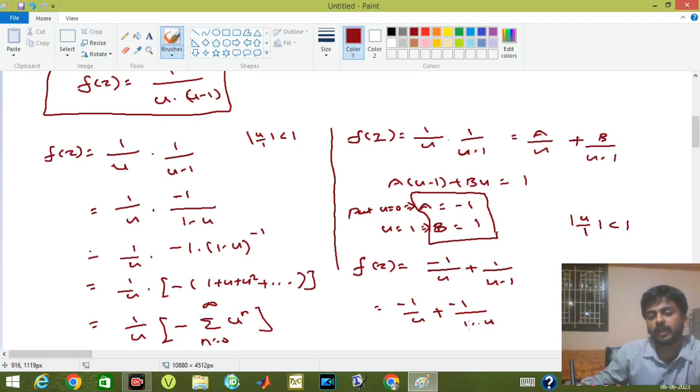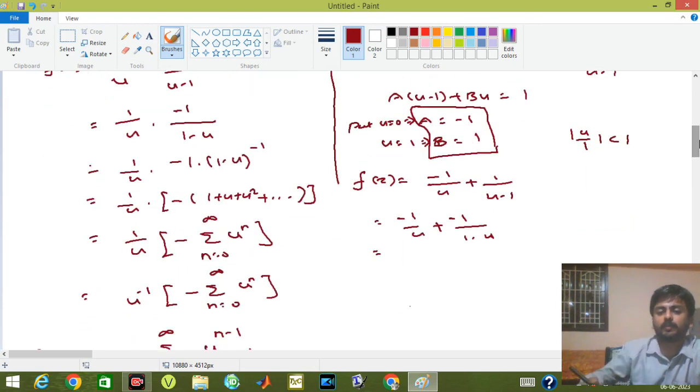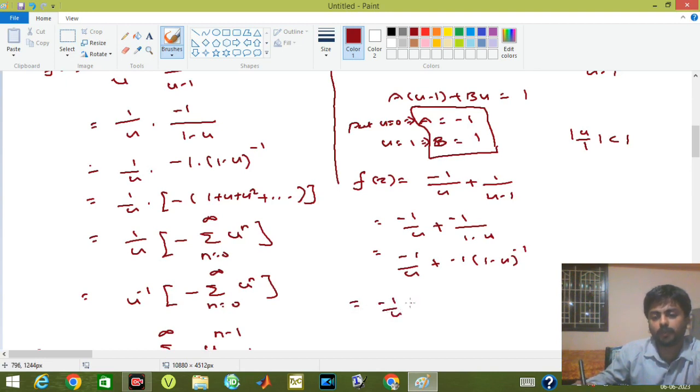So we will have minus 1 by u minus 1 into (1 minus u) whole power minus 1, that is equal to minus 1 by u minus 1 into (1 plus u square plus etc.).